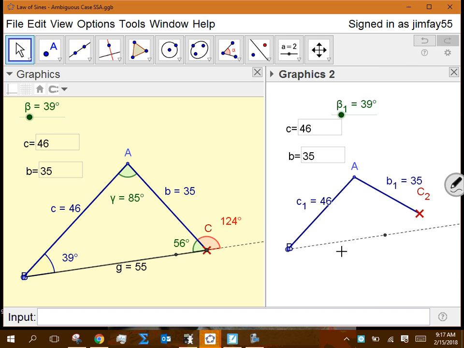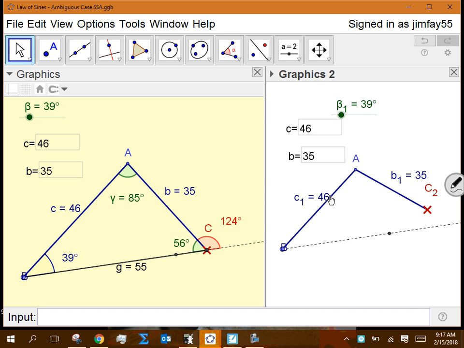All right, so I actually zoomed in at different scales, but it's the same triangle, right? We agree with that? My 39-degree angle is now down here, and when I intersect right there, take that segment and connect from B to C2, and you'd have this exact same triangle with the exact same parts. Does that make sense?